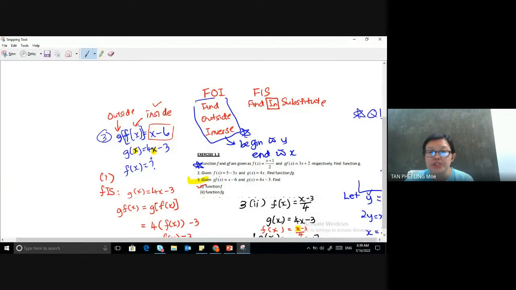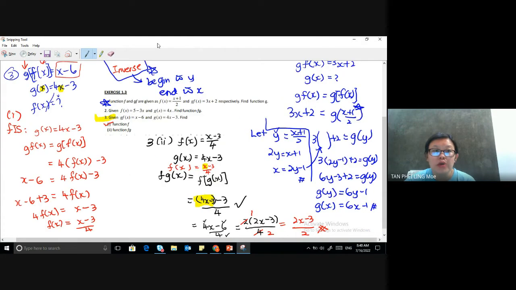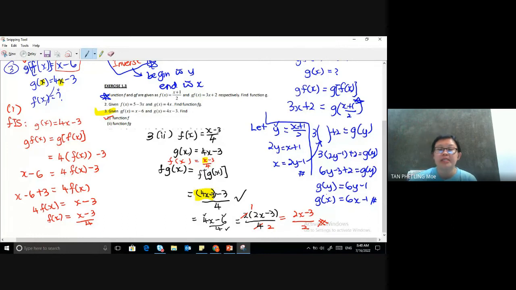Because when I teach you, somehow you haven't learned inverse yet, so you will find it tough. But I do remember that I went on with inverse first, then only came back to this part. So most of you are picking up the pace. Because in maths, this chapter 1 and 2 are the ones that you can score. So I want to focus on that.